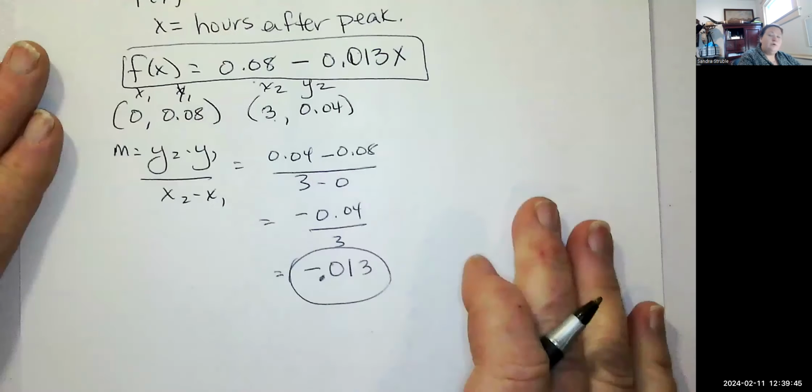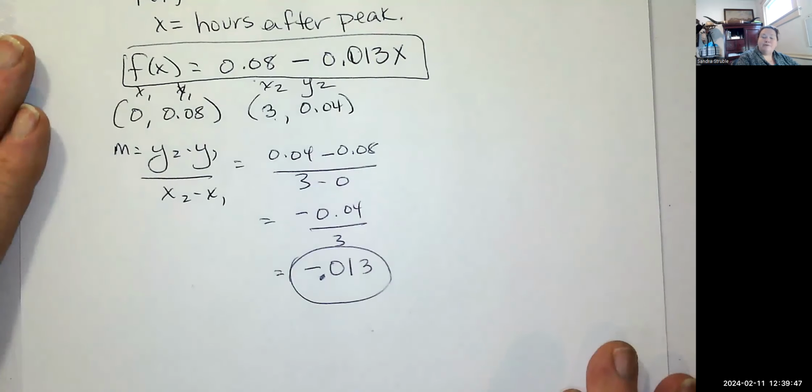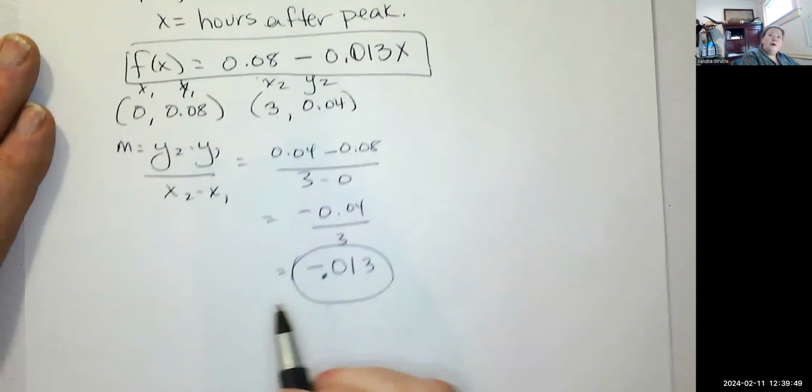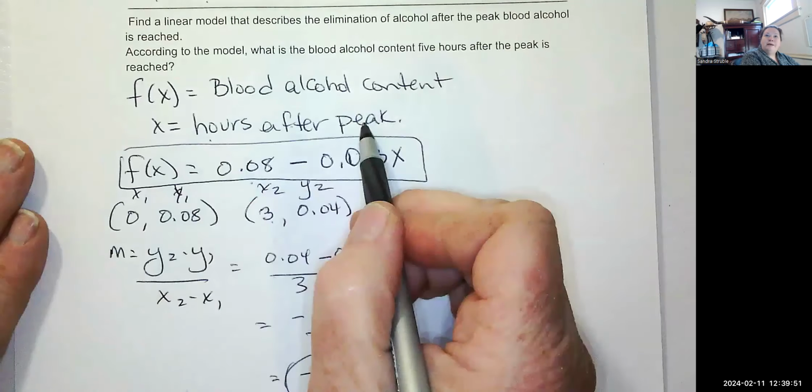My second one is, what is the blood alcohol content after 5 hours? Well, I know X is my hours after peak.